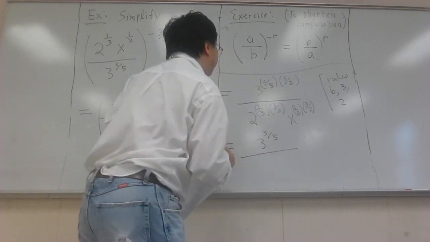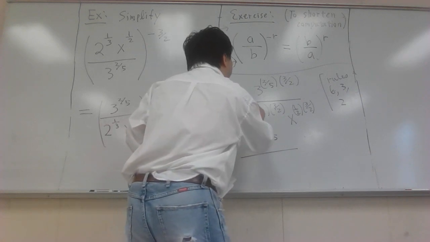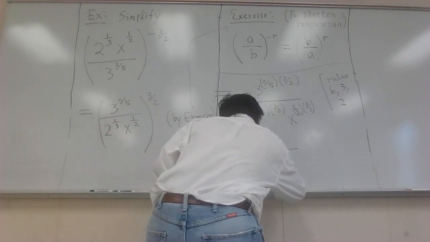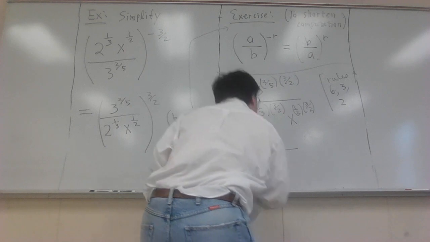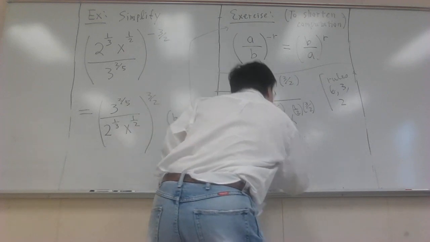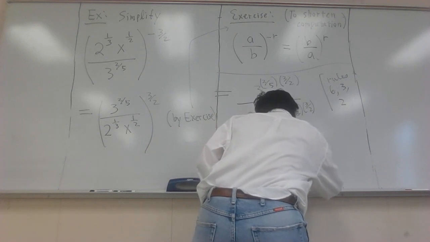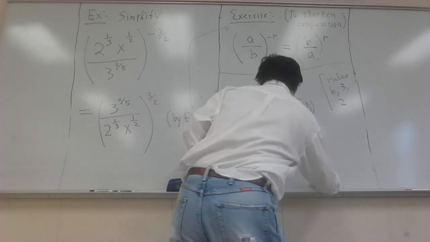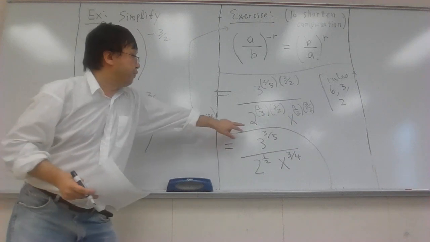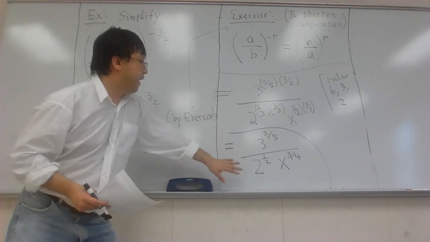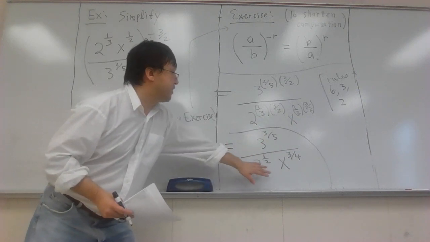Divided by 2 to the power of, 1/3 times 3 over 2 is 1/2. And x, 1/2 times 3 over 2 is 3 over 4, to the power of 3 over 4. So then that's the answer: 3 to the power of 3 over 5 divided by 2 to the power of 1/2 times x to the power of 3 over 4.